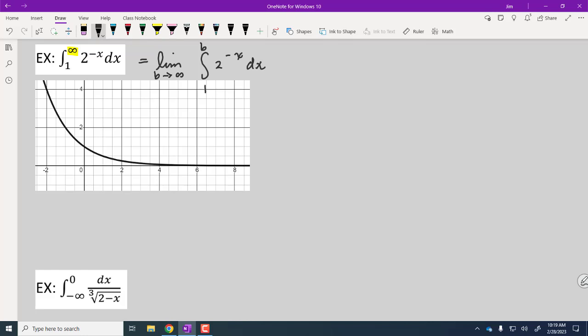And then we integrate our exponential function here with base 2. So limit, the integral of an exponential is itself, always, any exponential, regardless of the base. First thing is the integral of it will be itself.